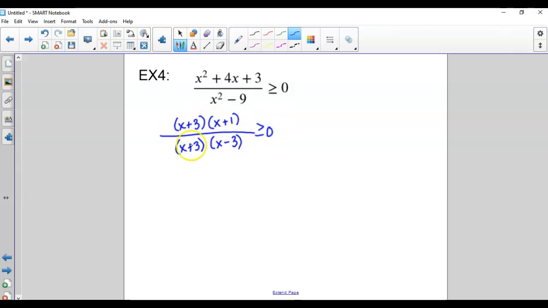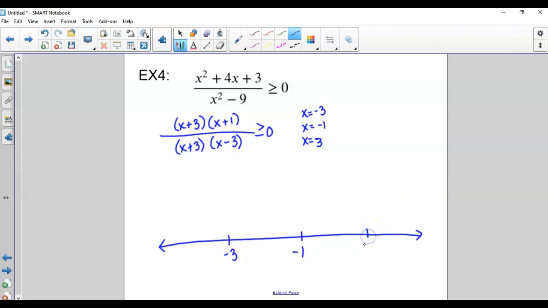And so if we set each one of these terms equal to 0, that means we would have x equals -3, x equals -1, and then x equals -3 again right here, which we don't have to list twice, and then here we'll get x equals +3. So if we put those on our number line, we've got -3, -1, +3, and then I'm going to list all my terms here.